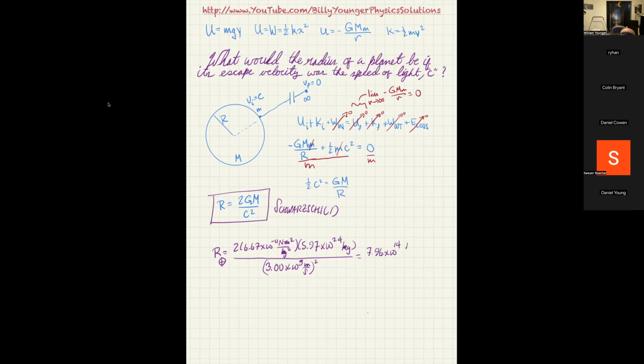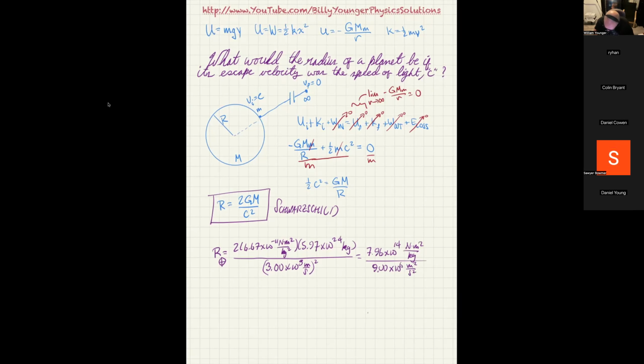Kilograms, that'd be Newton meters squared per just kilogram, not kilogram squared. And then this would be divided by 3 times 10 to the 8th squared, which gives me 9 times 10 to the 16th, which obviously we didn't need our calculator for that. And that's meters squared per second squared.